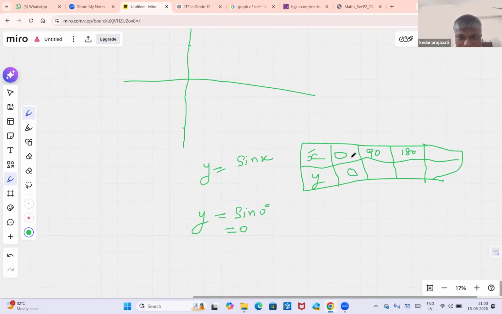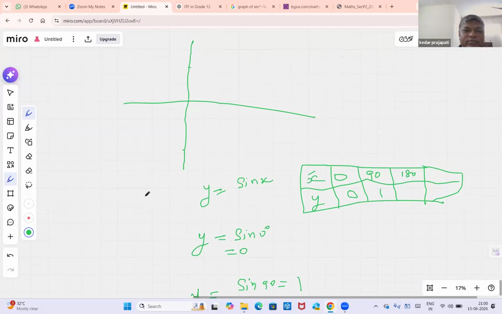When you put the value of x as 90 degrees, y will be sine 90, which is equal to 1. So basically the curve will be like this.